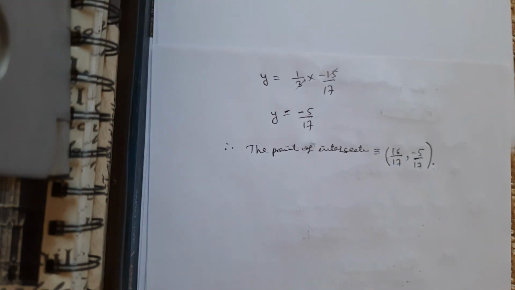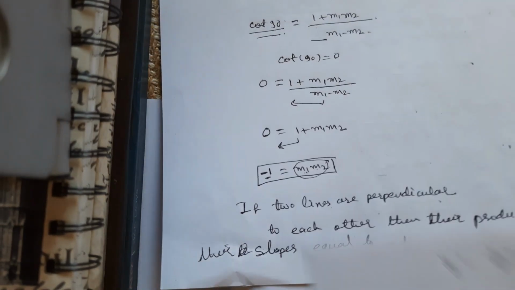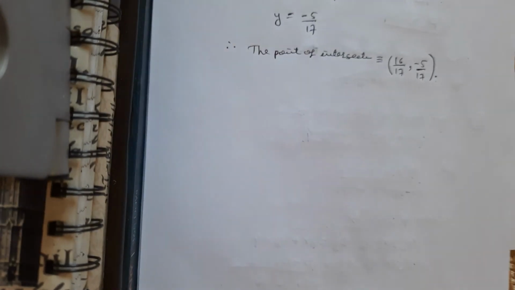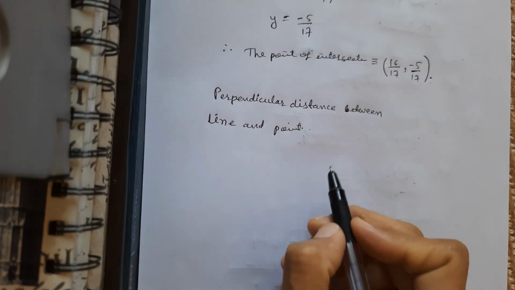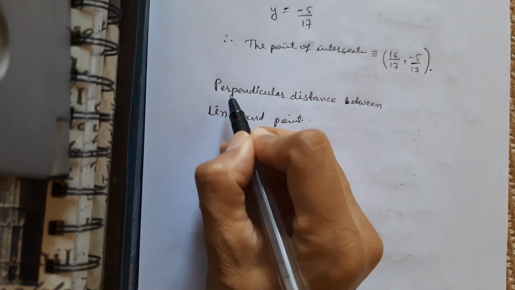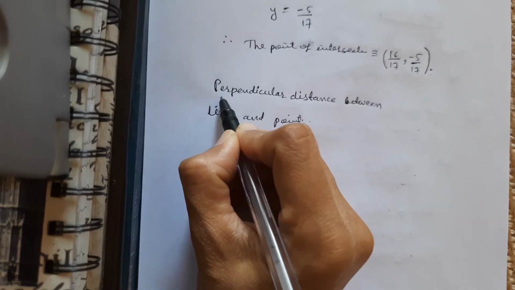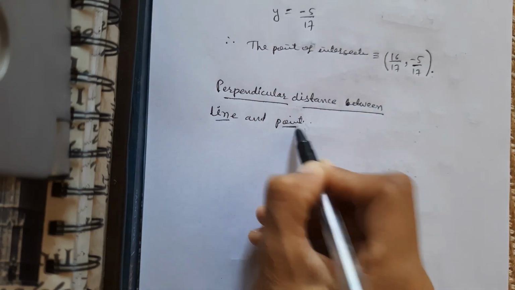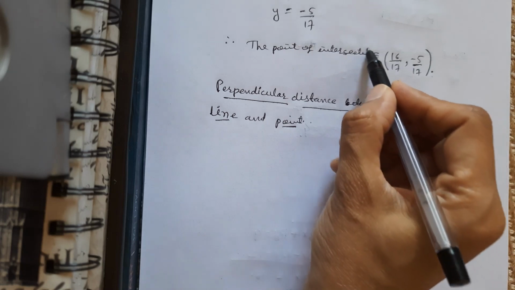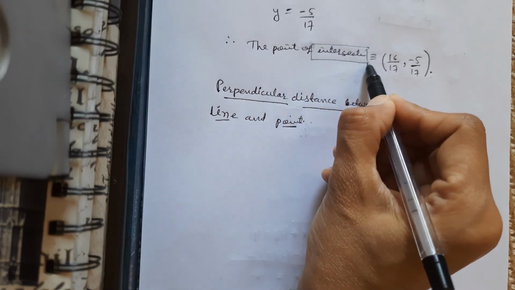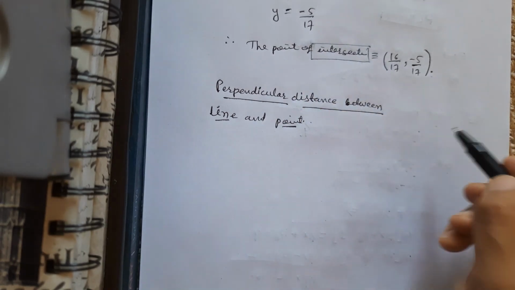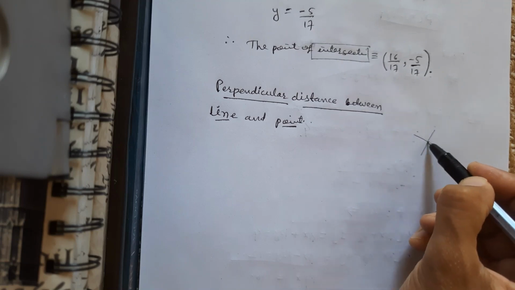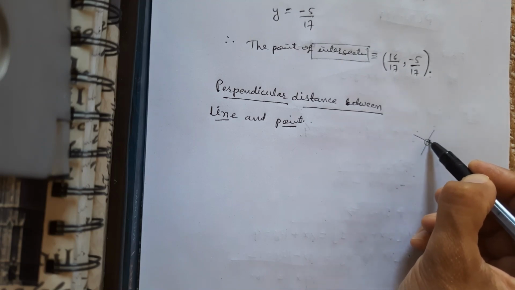Now the one more article that we need to cover is finding the perpendicular distance. The next topic that I want to discuss with you is the perpendicular distance between a line and a point. The previous thing that we discussed is the point of intersection, where two lines cross each other, and that point is called the point of intersection.